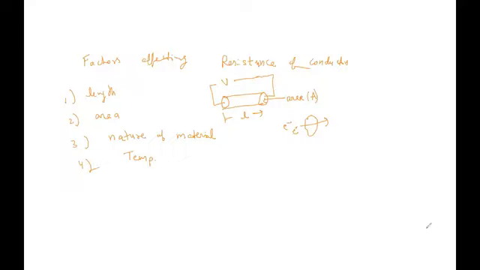So how is length affecting resistance? This you tell me yourself. I will give you two scenarios. I have one rod of length, let's say, 5 meters, and another rod, let's say 10 meters. We're talking about obstacles, right?